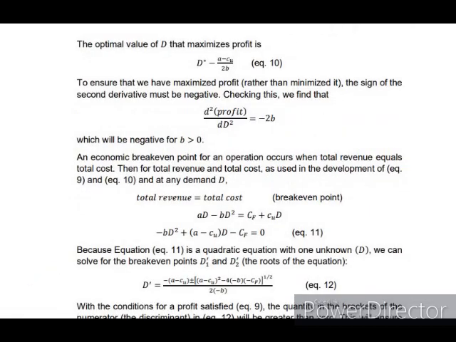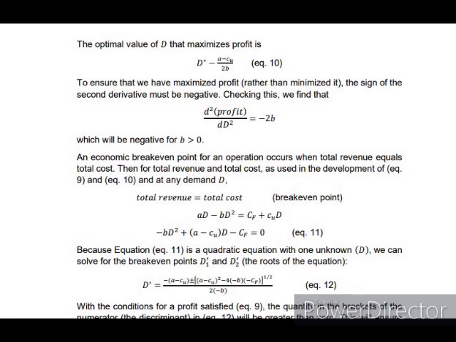Hence, the optimal value of demand that maximizes profit is D equals A minus C sub U over 2B. That is our equation 10. To ensure that we have maximized profit rather than minimized it, the sign of the second derivative must be negative. Okay? So checking this, we find the second derivative as negative 2B, which will be negative for B greater than 0.